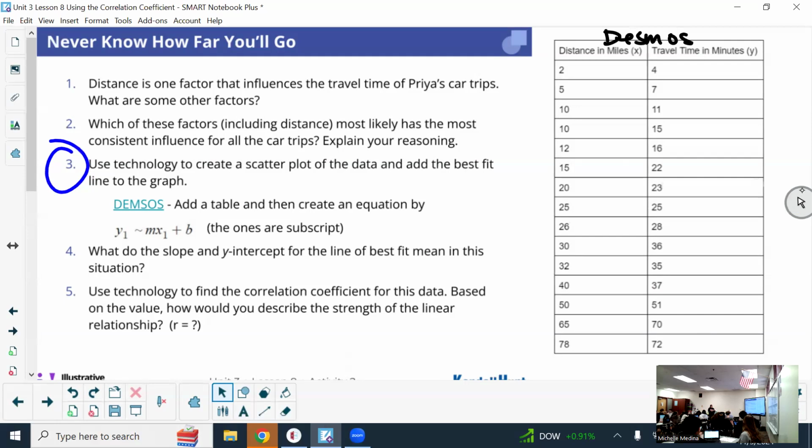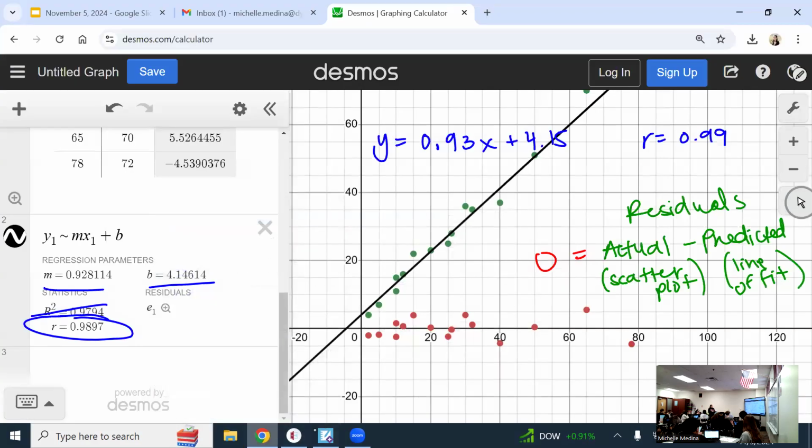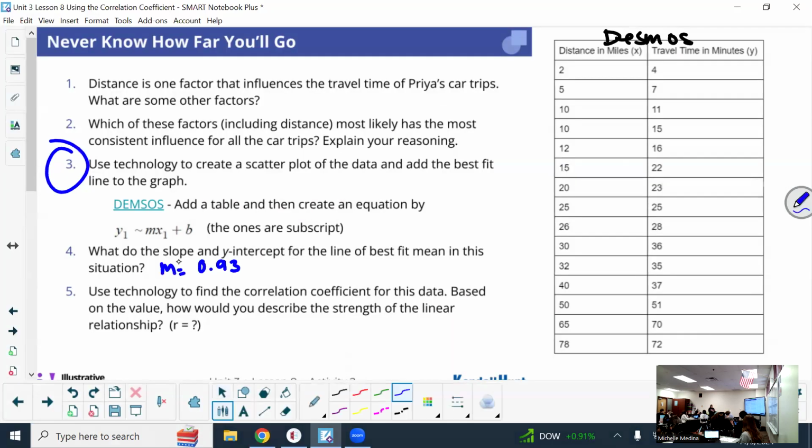So when it says things like, what does the slope mean? Well, my slope is about 0.93. And what is slope usually? What over what? Rise over run. So if it's not over 1, put it over 1. Rise is typically your y's.